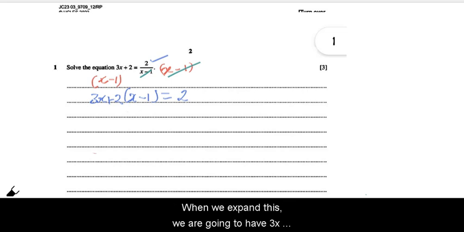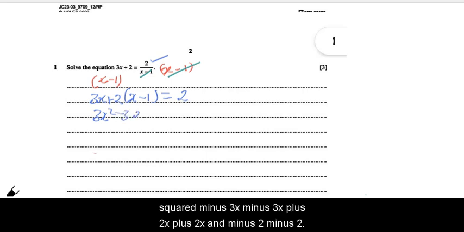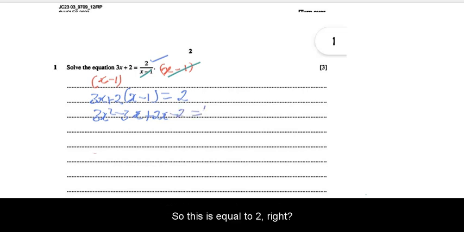When we expand this, we are going to have 3x squared minus 3x plus 2x and minus 2. So this is equal to 2, right? Let's now take this 2 to this side.